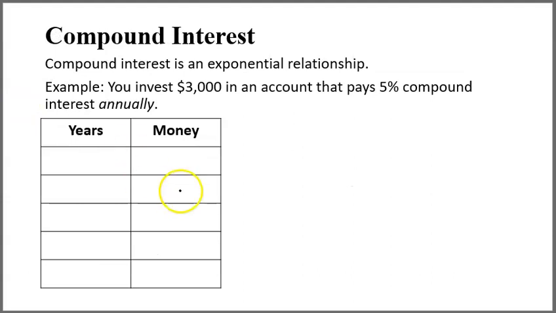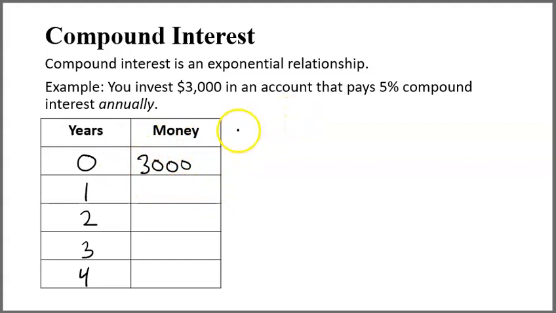The second one is compound interest. Compound interest is an exponential relationship. We have the same thing here. I'm going to invest $3,000. How this works is I'm going to figure out what 5% of 3,000 is, that's 150.